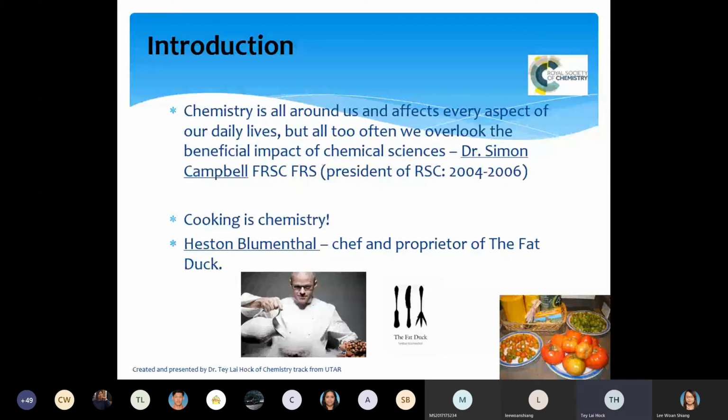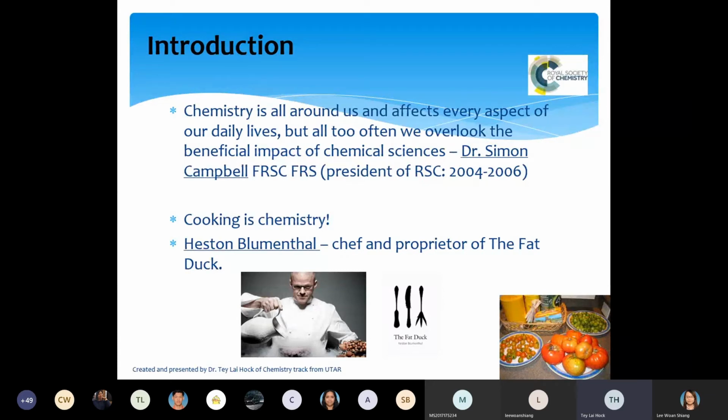Basically, as we all know, chemistry is all around us and affects every aspect of our daily life. But all too often, we overlook the beneficial impact of the chemical science. This is what was stated by Dr. Simon Campbell, president of the RSC from 2004 to 2006.